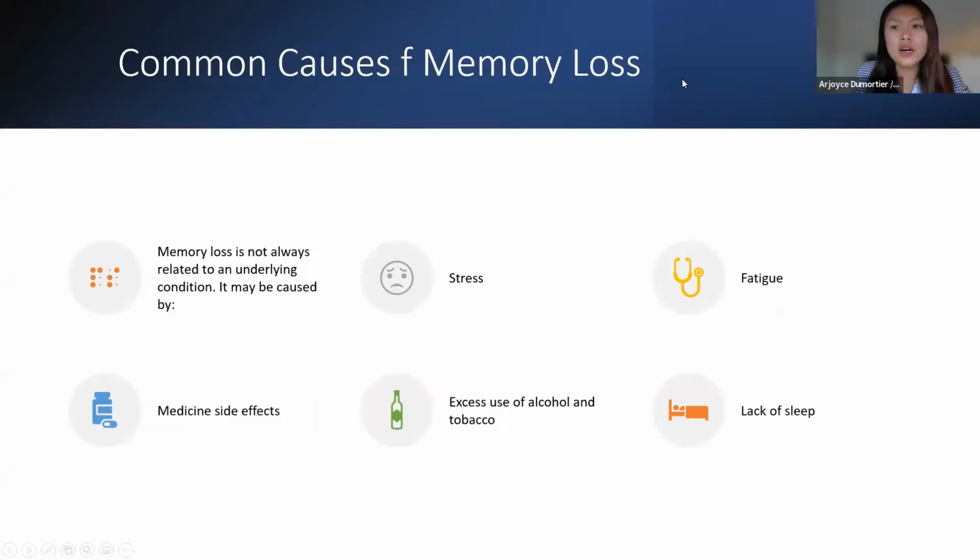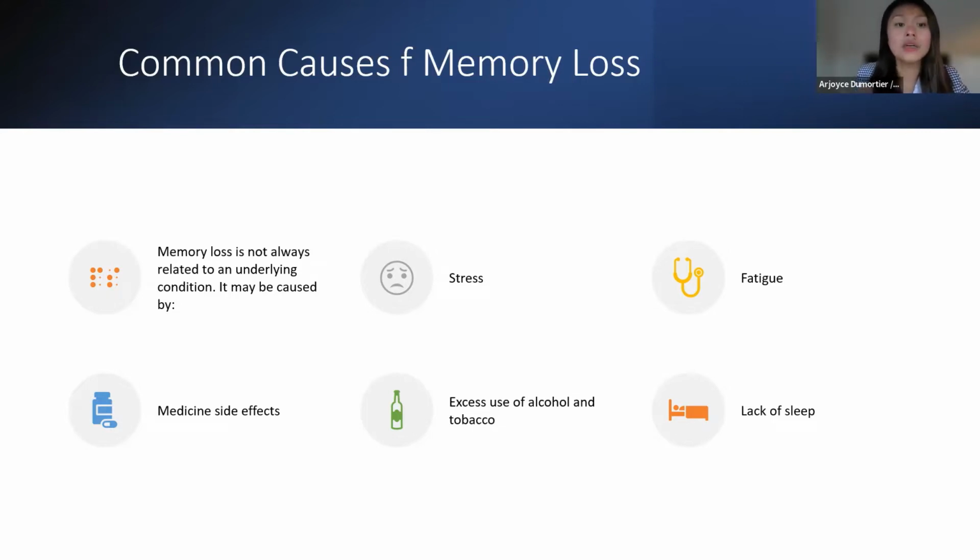Now, what are the common causes of memory loss? First, memory loss is not always related to an underlying condition like dementia. It may be caused by stress, when we are always thinking. Fatigue, when we are not taking care of ourselves, just pushing ourselves to work and not even remembering to sit down.